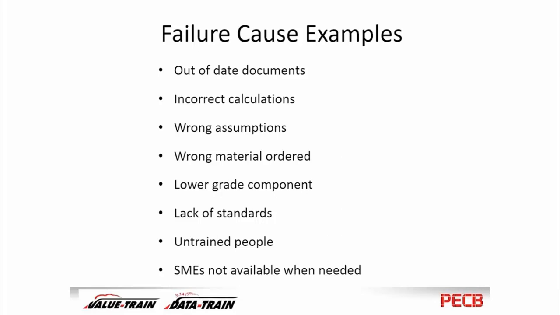So here are some typical failure cause examples. A document can be out of date. A calculation can be incorrect. An assumption could be wrong. We could order the wrong material, etc. So you get the idea.